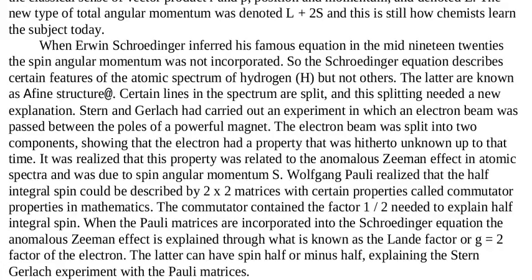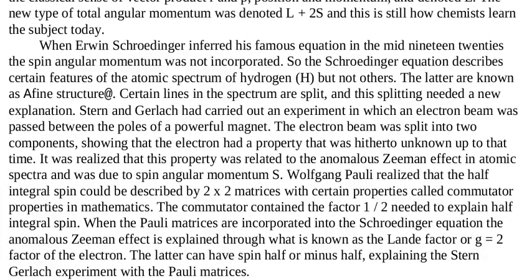When Erwin Schrödinger inferred his famous equation in the mid-1920s, the spin angular momentum was not incorporated, so the Schrödinger equation describes certain features of the atomic spectrum of hydrogen, H, but not others. The latter are known as fine structure. Certain lines in the spectrum are split, and this splitting needed a new explanation.